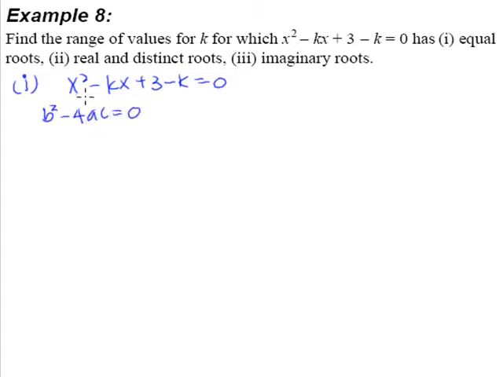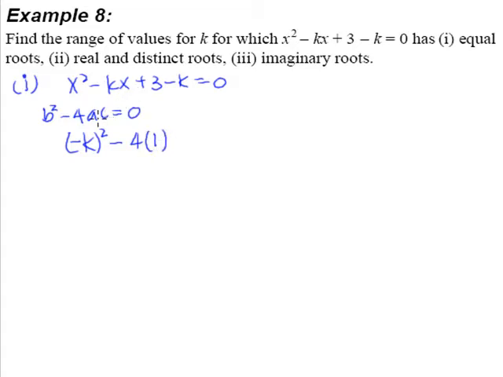So let us now identify which is the a, which is the b, and which is the c. For b, it will be rather easy because it's the coefficient of x, so it will be negative k, squared. That will be our b squared minus 4a, where a will be 1 because the coefficient of x squared is 1, so 1 is as good as not being there.